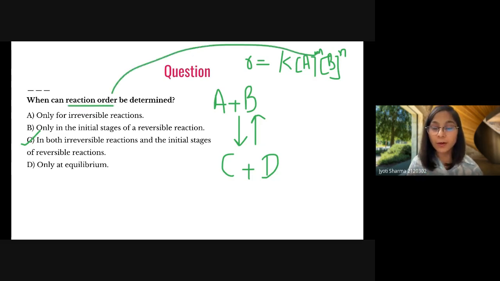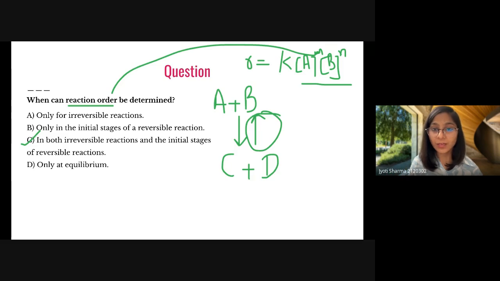First, we need the concentration of the reactants. If it is reversible, and C and D are converting into A and B, it will be very difficult to know the concentration of the reactant per unit time. So the reaction should be irreversible. That is the first thing.